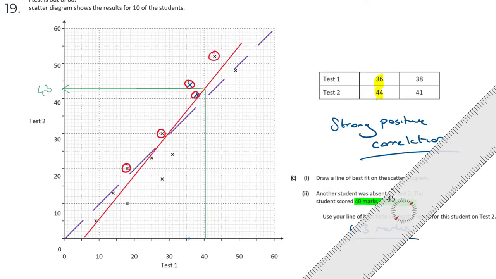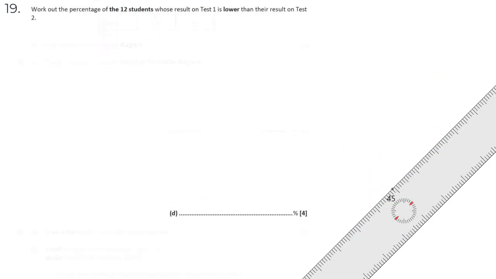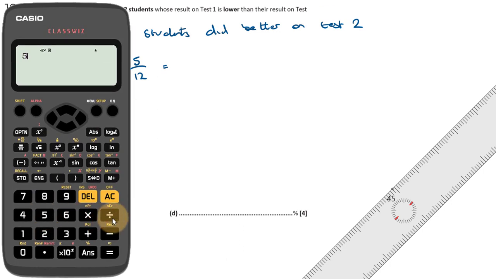Okay, out of 12, so we want to work out what 5 out of 12 is as a percentage. So I'm going to write down 5 students did better on test 2. So they're the 5 we want. So 5 over 12 as a percentage. All we've got to do to turn that into a percentage is divide it. 5 divided by 12, and as a decimal that is 0.416 recurring, isn't it?